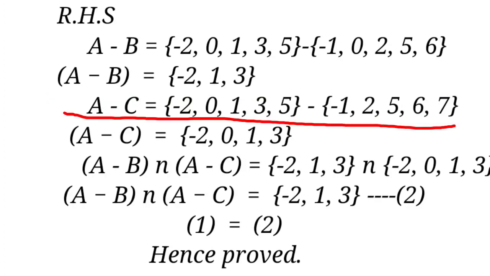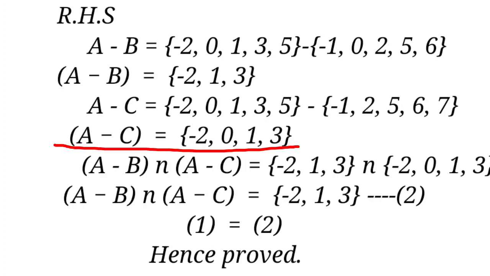And also A minus C is equal to {-2, 0, 1, 3, 5} minus {-1, 2, 5, 6, 7}. Therefore A minus C is equal to {-2, 0, 1, 3}.